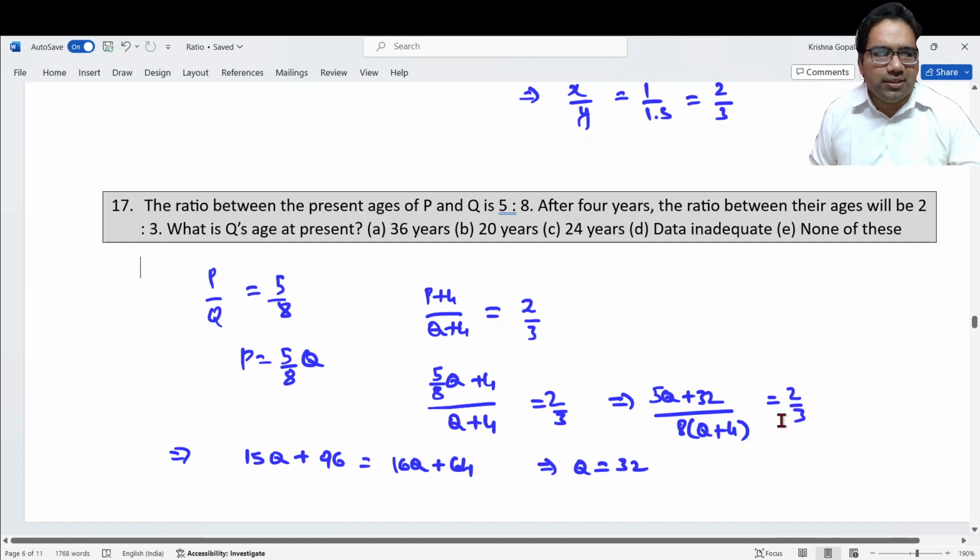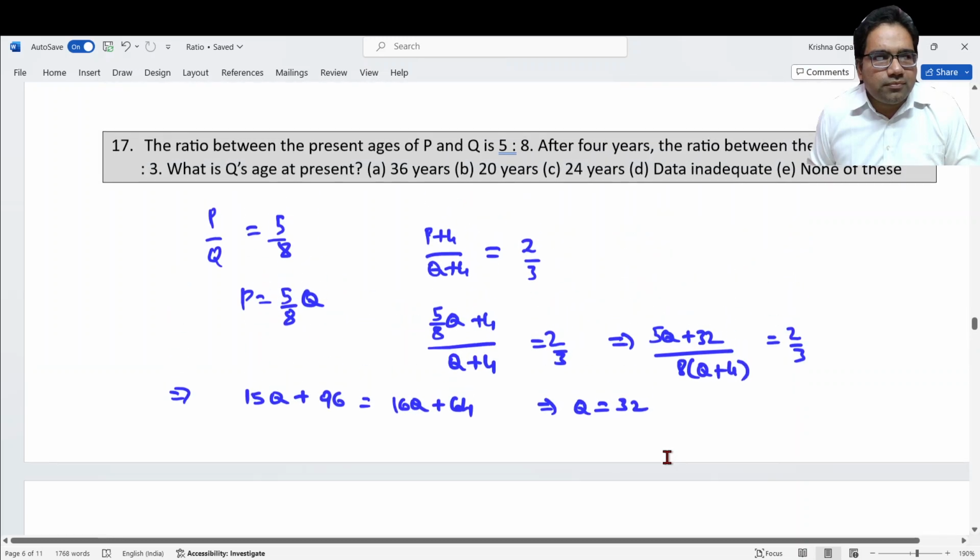This is equal to 2 by 3. Let's simplify this further. 3 into 5q plus 32. 15q plus 96 is equal to 2 into 8 into q plus 4. That is 16q plus 2 into 8 into 4, which is 64. So 16q minus 15q, which is q, is equal to 96 minus 64, which is 32.